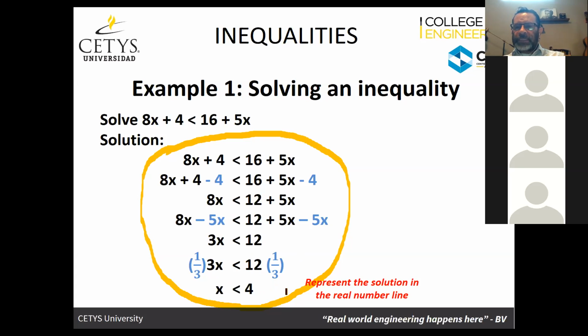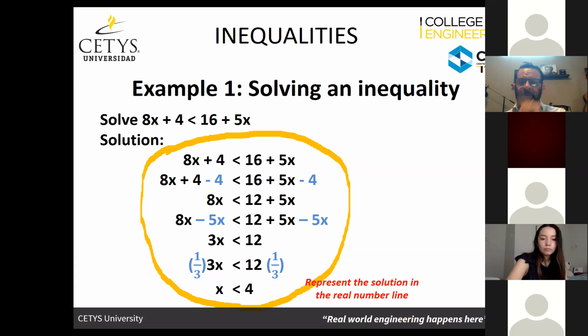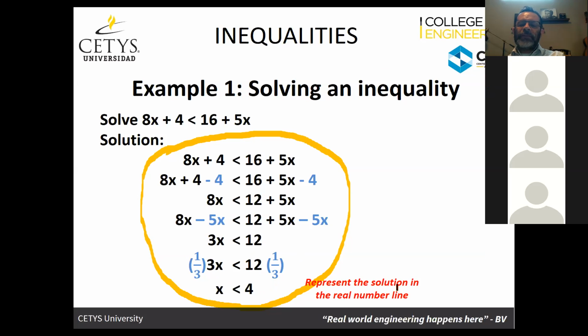Okay? Is that clear? Questions with this first inequality? No. Okay. Remember, this is all going to be recorded, but if you have any questions, please go ahead and ask. Okay. Now it says here, represent the solution in the real number line.